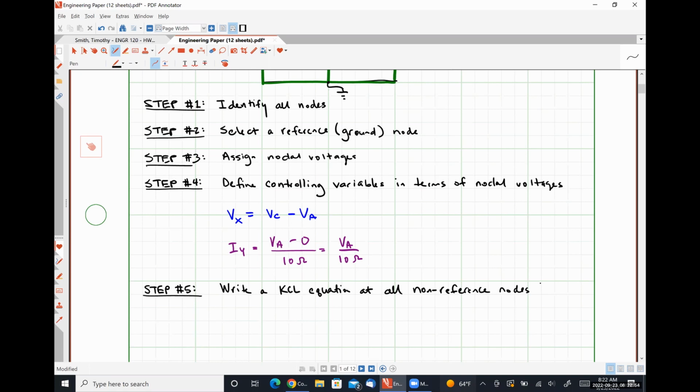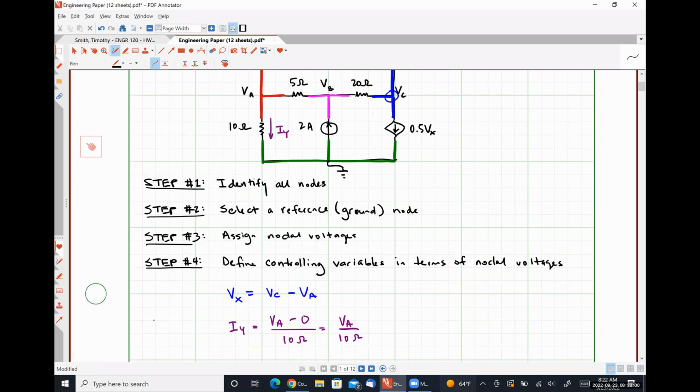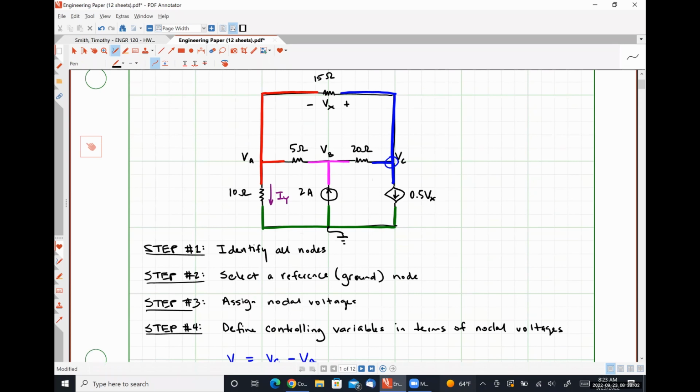So we never write a KCL equation at ground, but we write it for every other one. So in this circuit, there are 3 nodes which are not ground, so we will have 3 KCL equations. Okay.